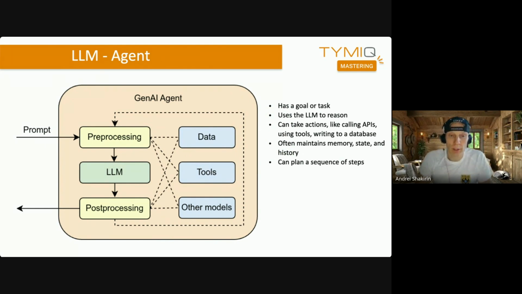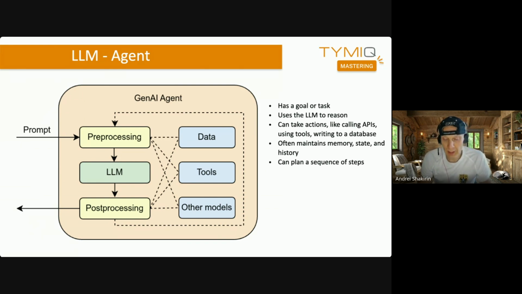Okay, let's talk now about GenAI agents. You have probably heard about agents a lot. What is the difference between large language models, LLMs, and GenAI agents? From a very, very simple definition, for me, GenAI agents are kind of microservices in GenAI.